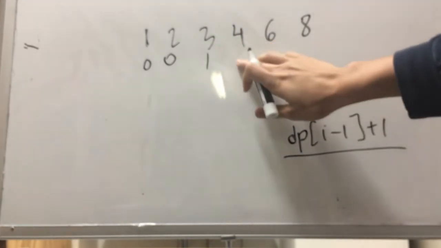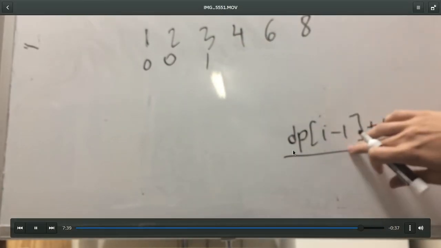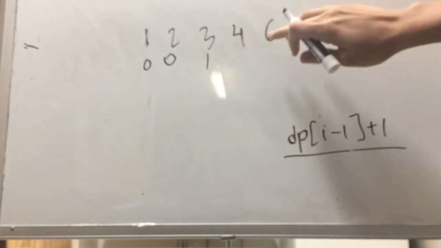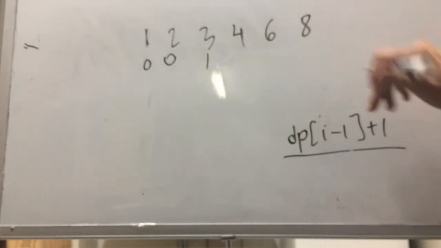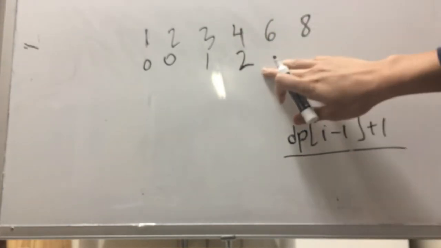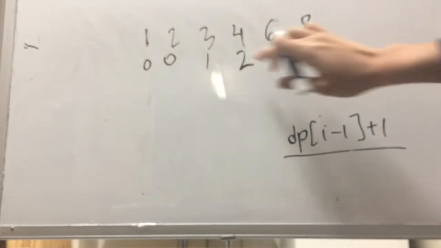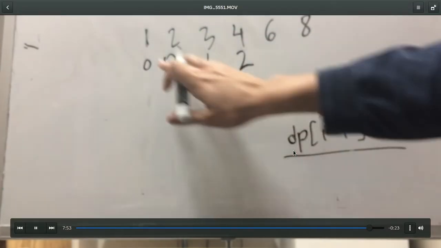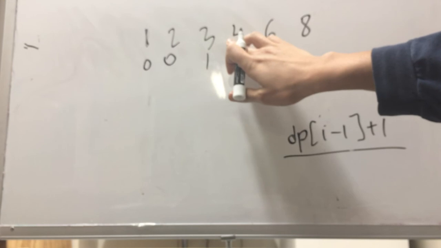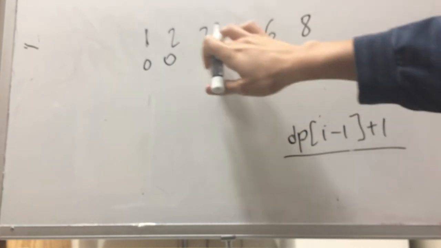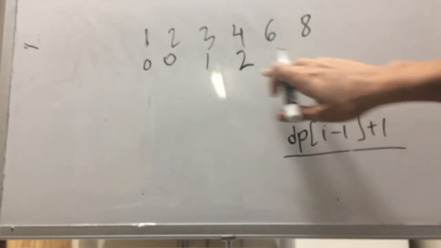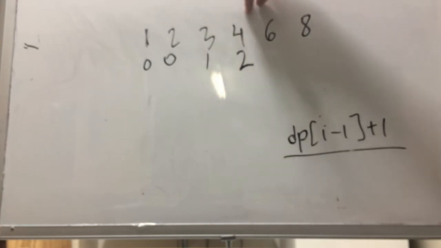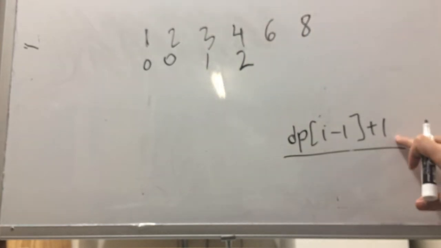Now we try to come up with a 4, and dp[i minus 1] gives you 1, so it will still be 1 combination. However, to take care of 2, 3, and 4, we just have to add plus 1 to it. It's a little tricky. Just add plus 1 to it, then the problem is solved.